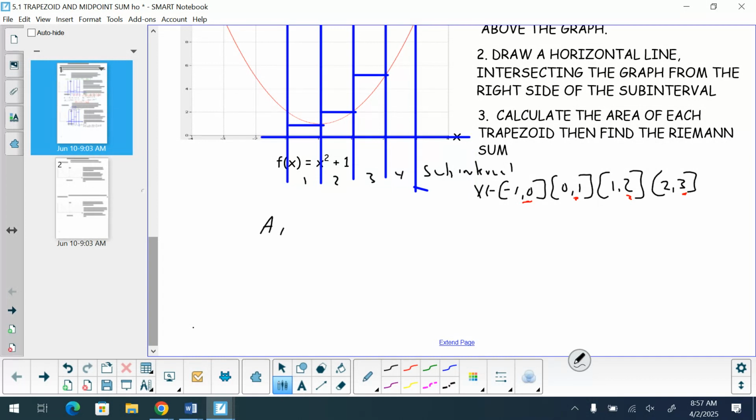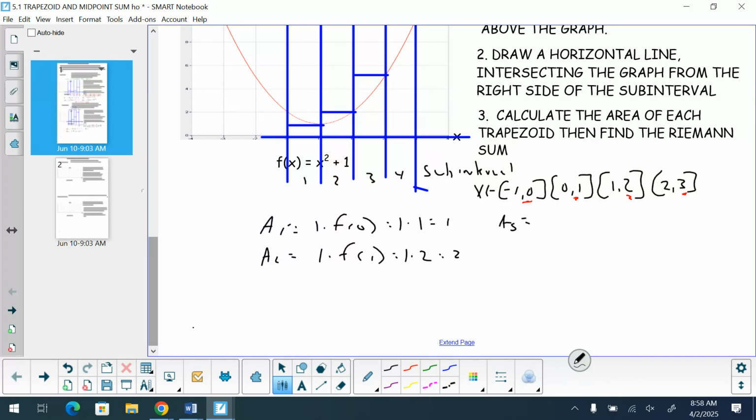So A1 is 1 times f at 0, A2 is 1 times f at 1. So we have 1 times 1, 1 times 2.